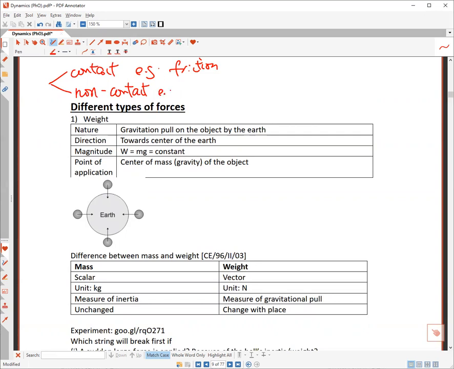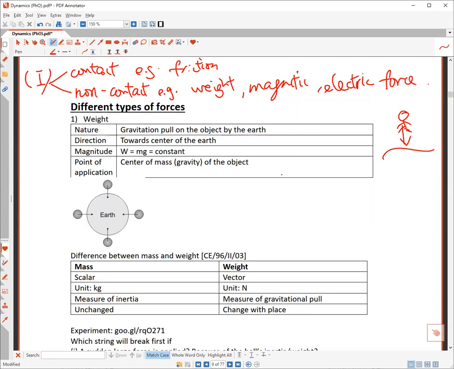For non-contact force, there are many examples. Let's say the weight. Even if you jump and you're floating in the air, there's still a weight acting on you by the Earth. And let's say magnetic force and also electric force. So this is one of the classifications of forces.